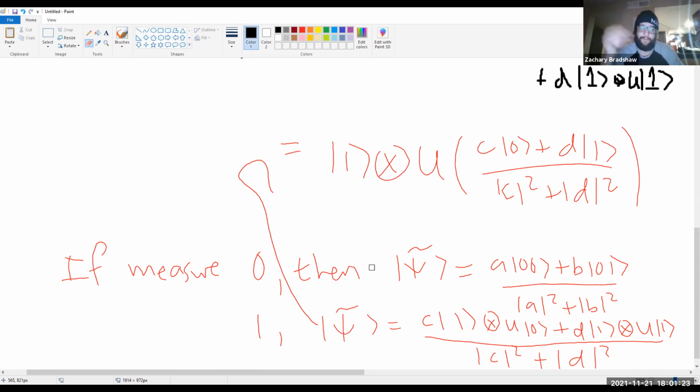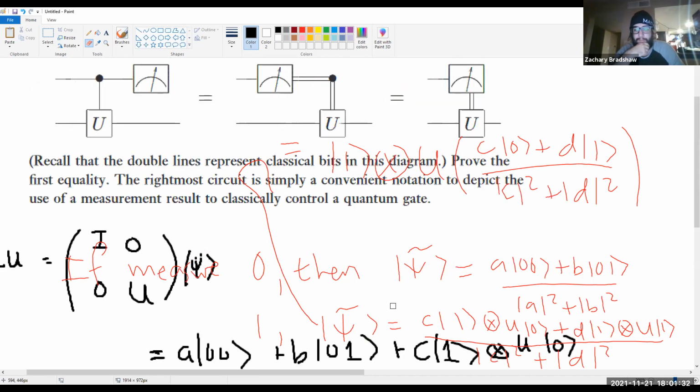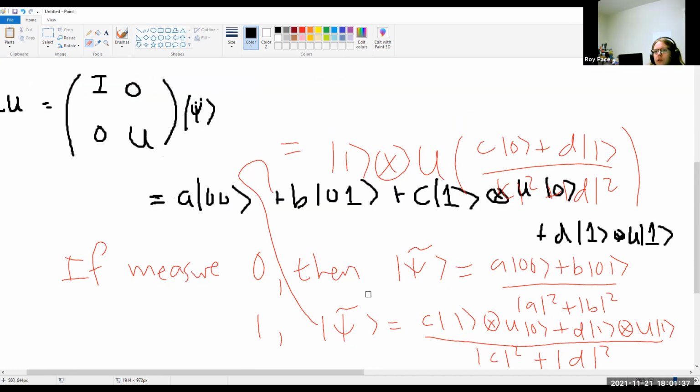Okay, so we have to compare this now to the other case. What happens if we make the measurement first? If we make the measurement first, it's going to be one of those two, because it's either 0 or 1, so then you'd eliminate the other two. Okay, so let's pretend it's 0 first and see what happens. Then it would just be A|0> plus B|1> over A squared plus B squared.